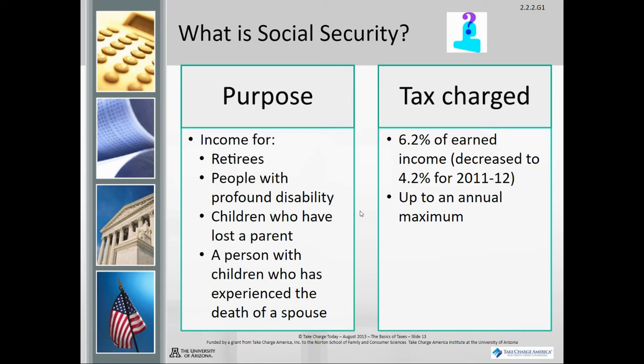So, pretty much any situation where you are unable to work for your own income, or you lose a significant amount of income by the death of that spouse or parent, and just need help making ends meet. Those are the main reasons why you would receive Social Security.